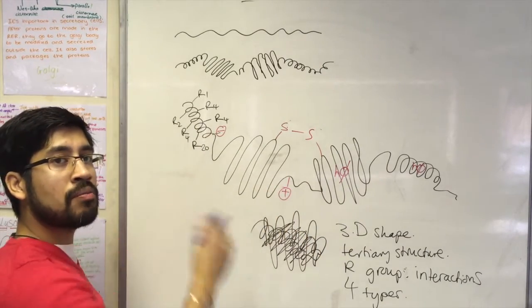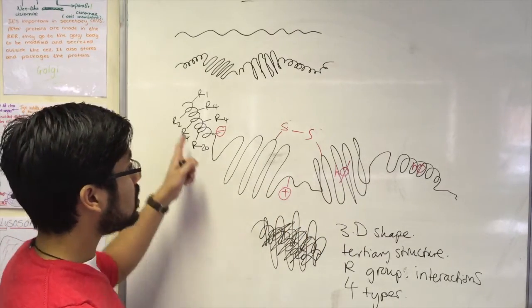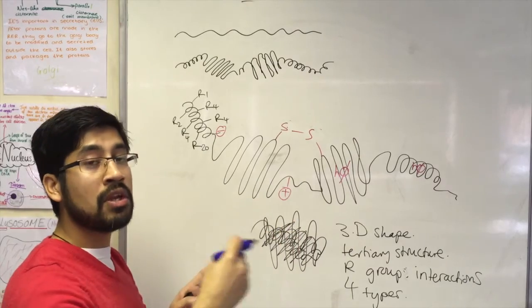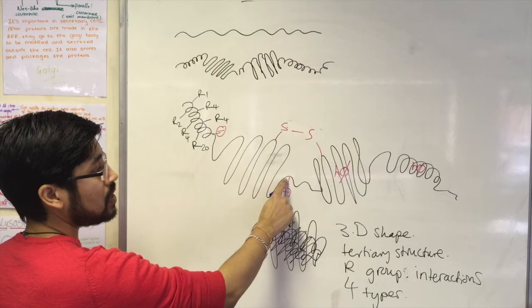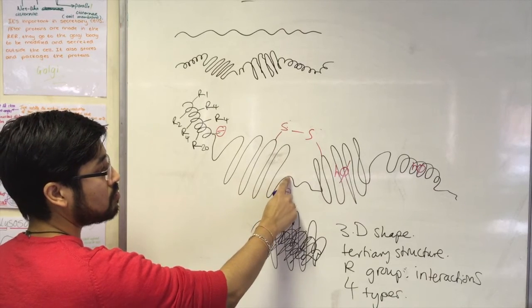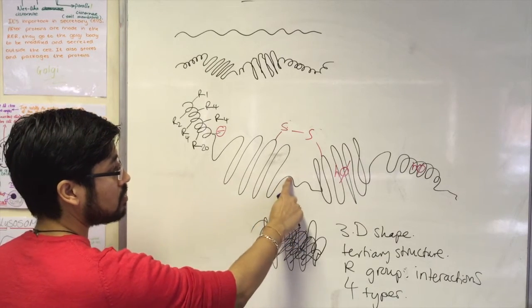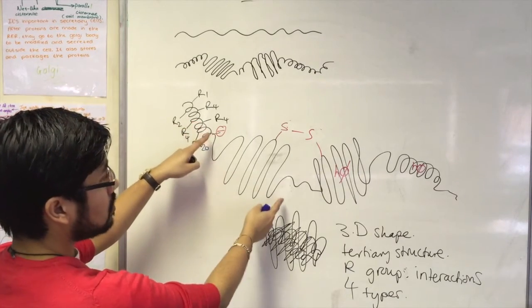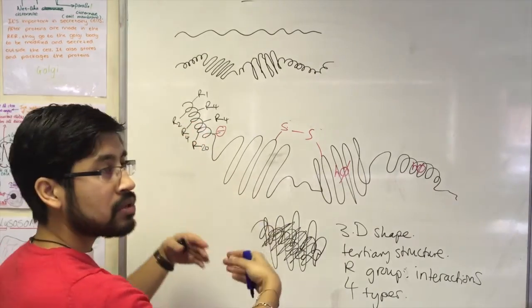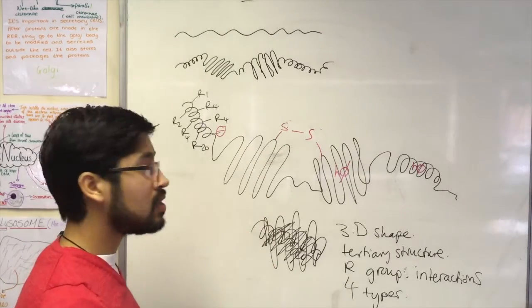All the way back, I'm going to remind you what we talked about earlier. This shape is now dependent on which amino acids we have in which order. If we didn't have this amino acid right here, with this positively charged group right here, we wouldn't have been able to form that interaction. Okay, so our polypeptide chain would have folded differently.